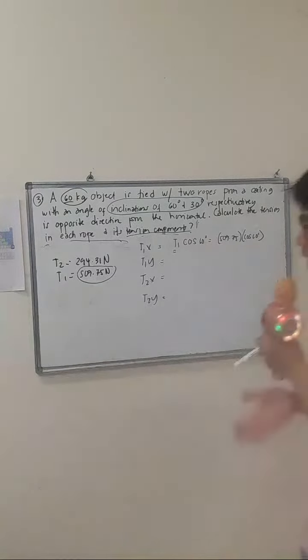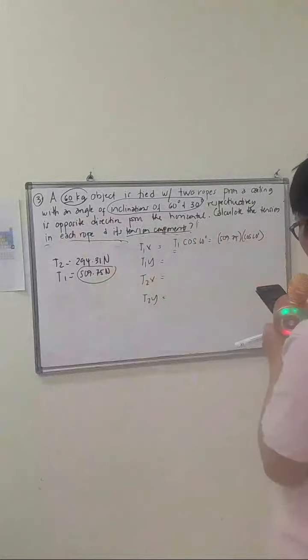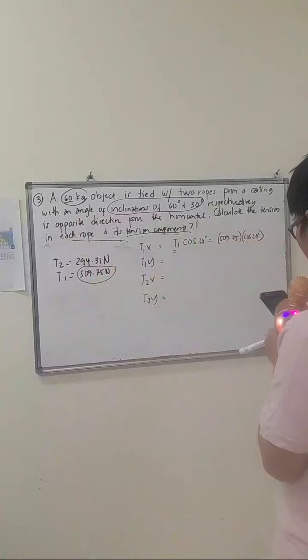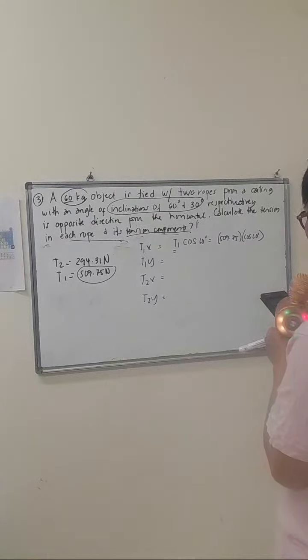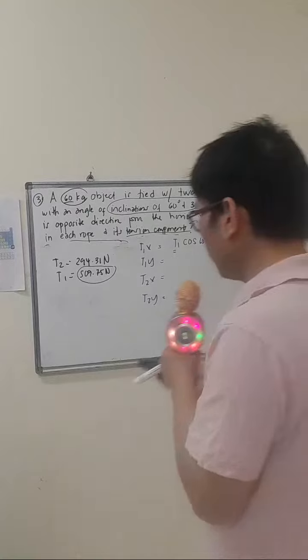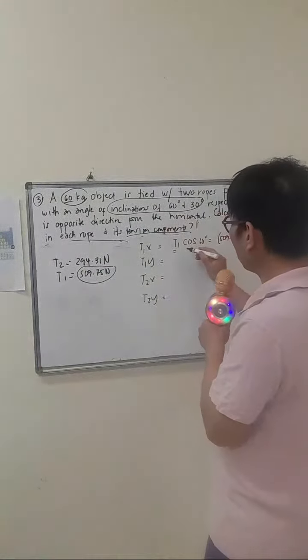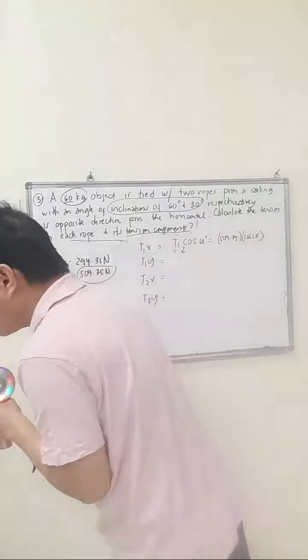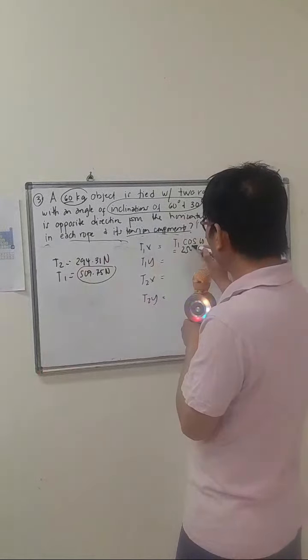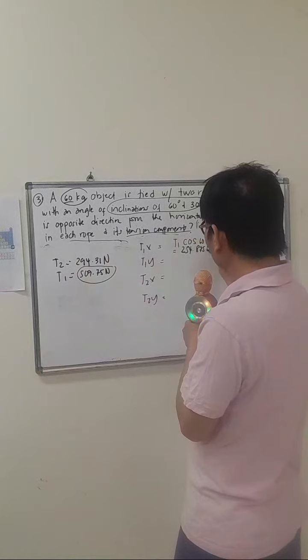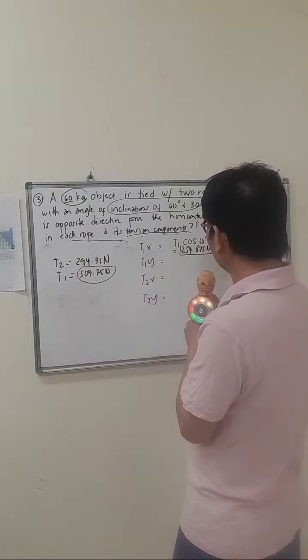Let's check. We don't know yet, but let's try to solve this. Cosine 60 times 509.75 is equal to 254.875. Your T1x is 254.875 Newton.